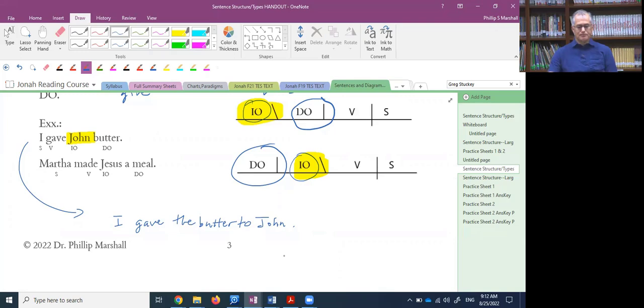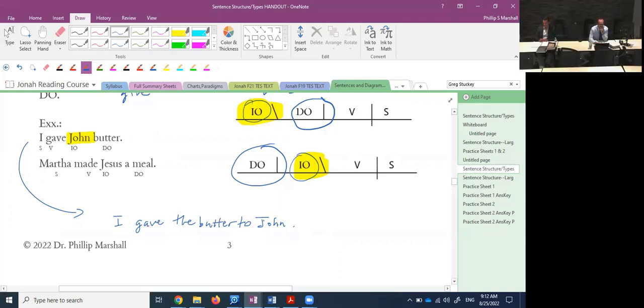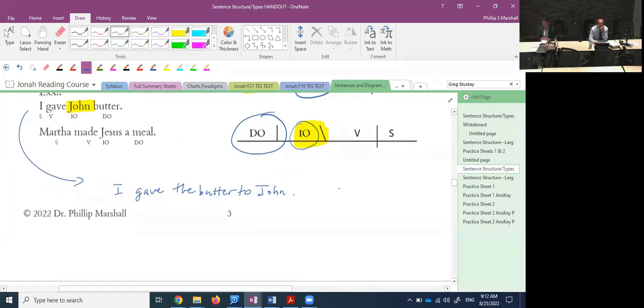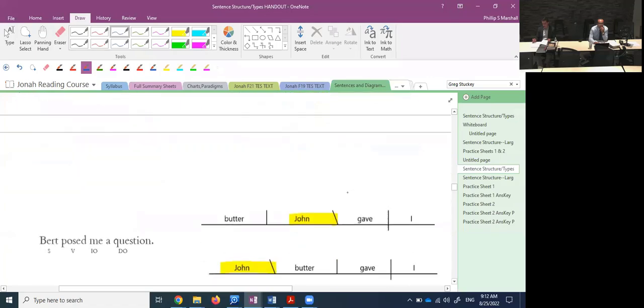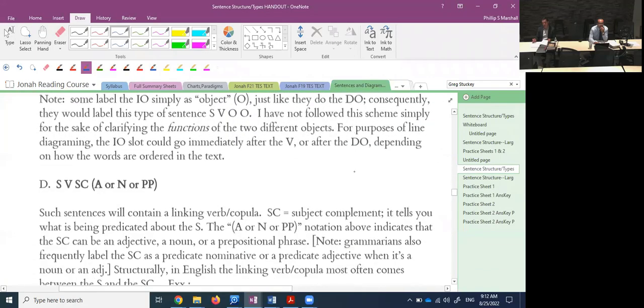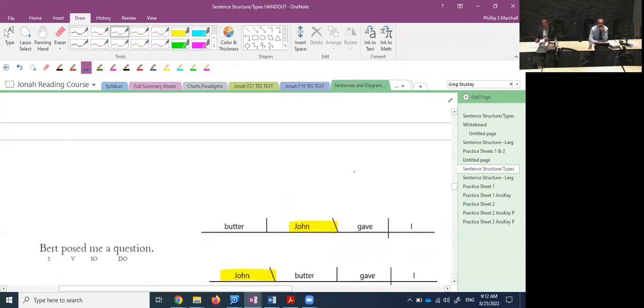Okay, so Dr. Marshall, yes. I have a question. On the handout, it's showing that there's a drop down in the baseline for the indirect object. And even in the GRASMIC, like under page 98, under section E, it's showing that, and it's also showing the slant in an opposite direction.